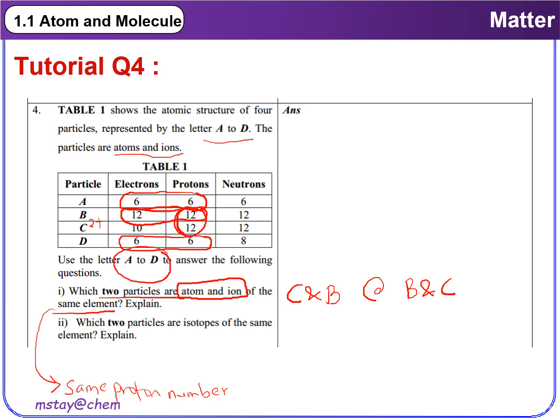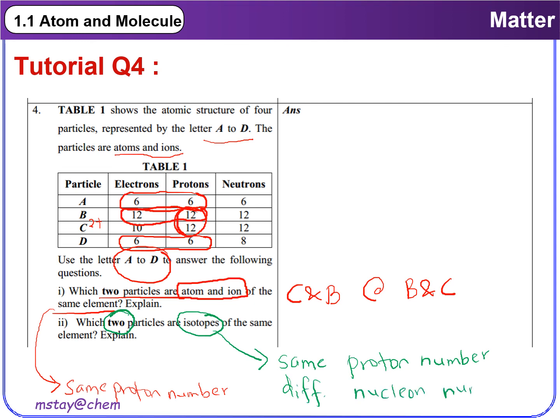Okay, so now we continue with the second question. Choose again two particles, and they are isotopes. So again, what is the definition of isotopes? They are going to have the same proton number, but their neutron number is different.